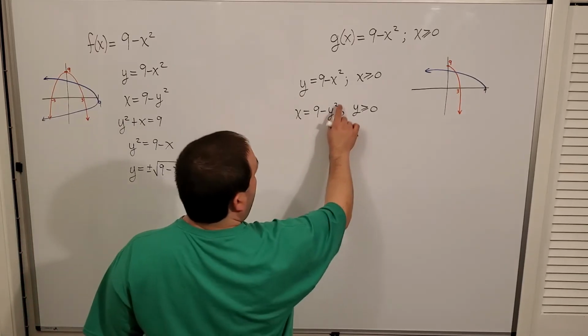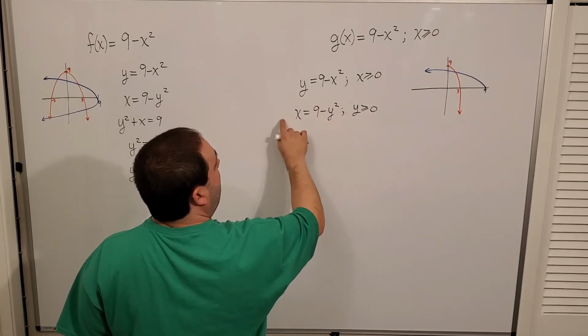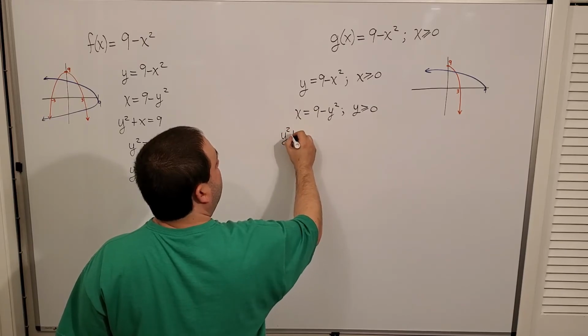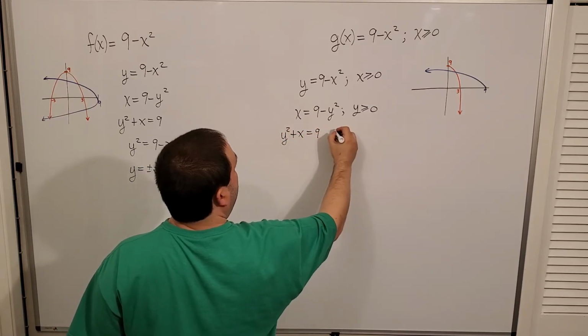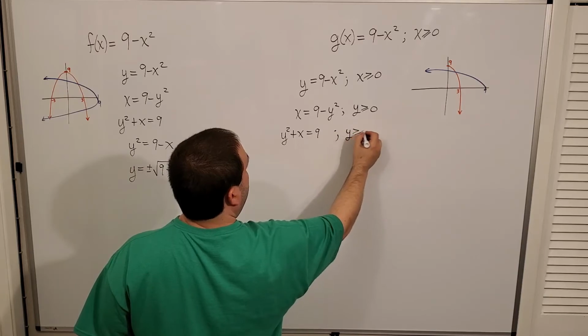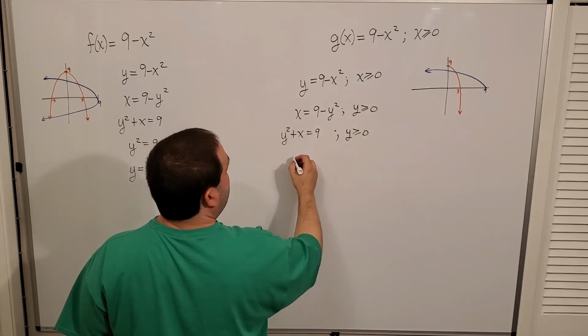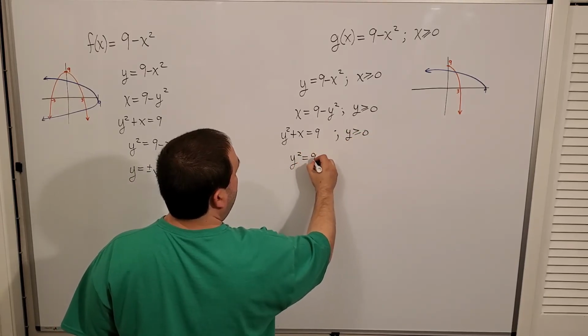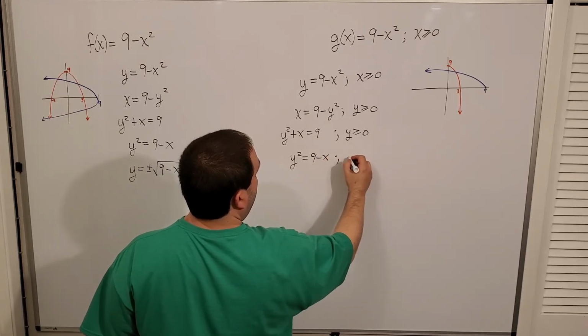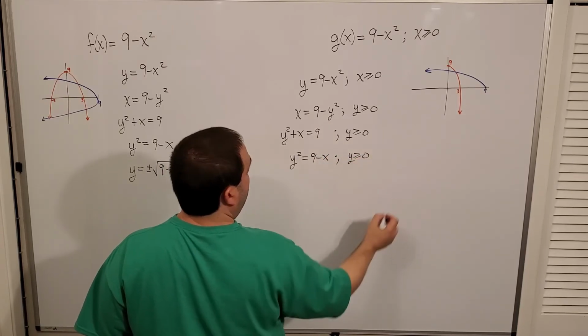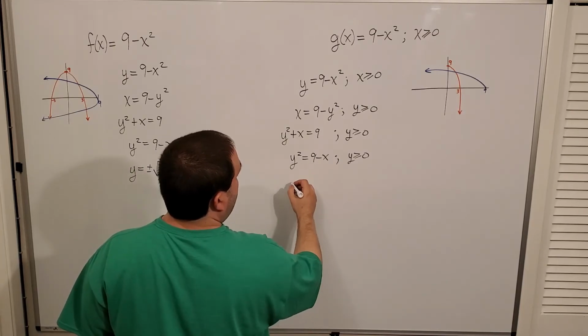Okay, so again, I continue to solve for y. I would add the y squared over. I would subtract the x. And then I would square root both sides.